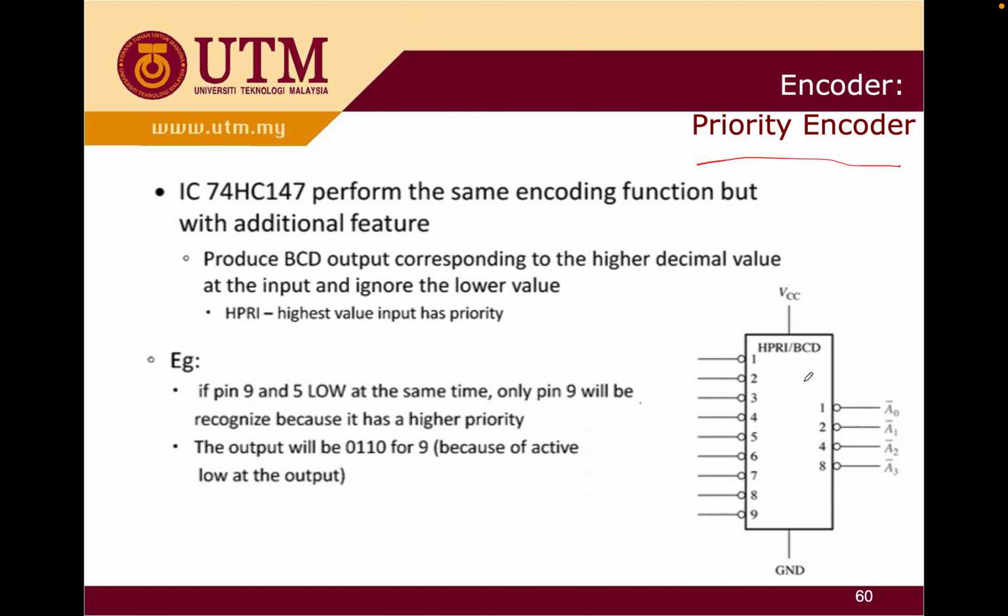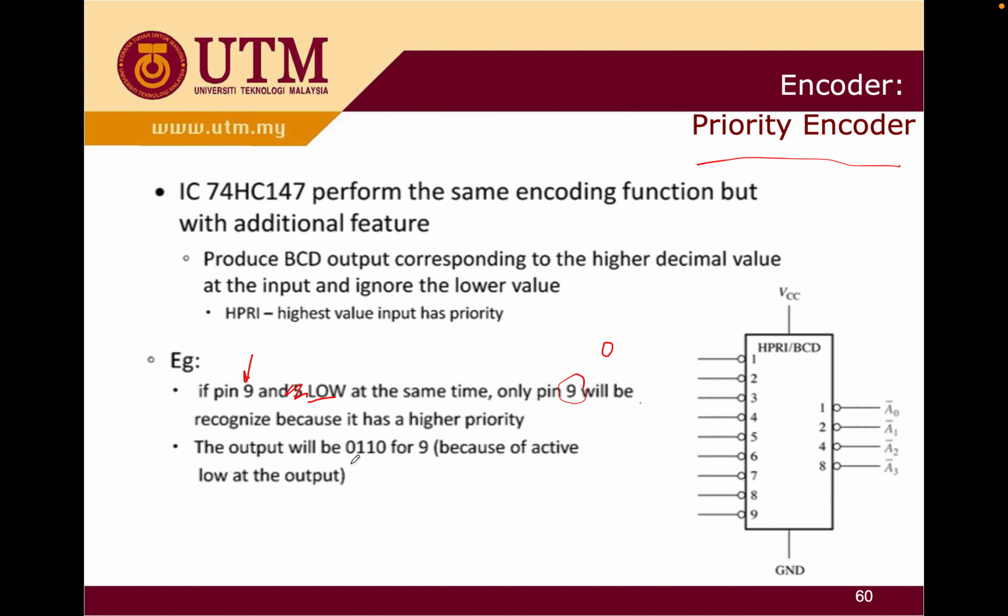Now we compare 9 and 5. Which one is higher? This is higher. So you're going to ignore your 5. Only pin 9 will be recognized with the 0 input. The rest will be 1. Why? Because this is active low.